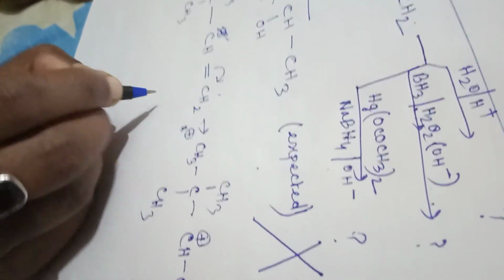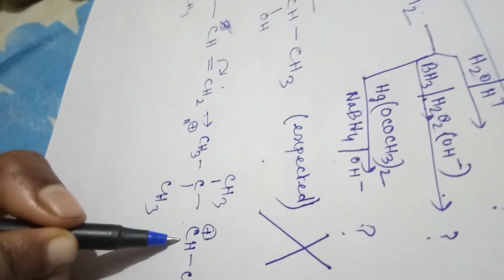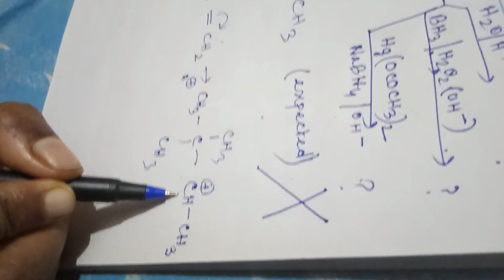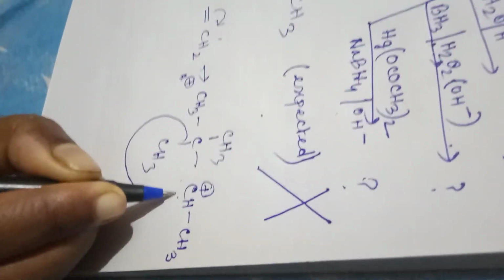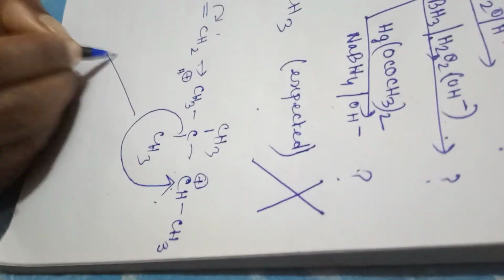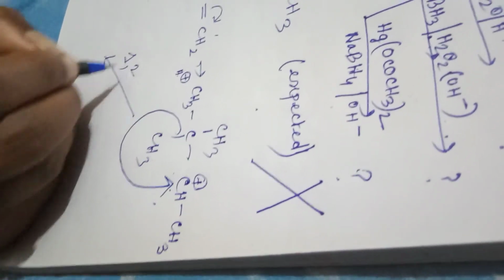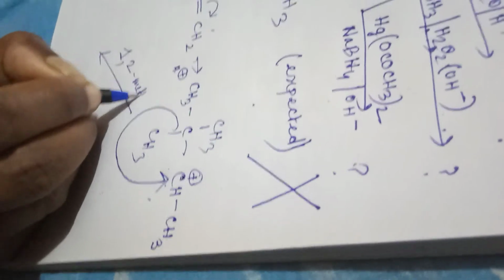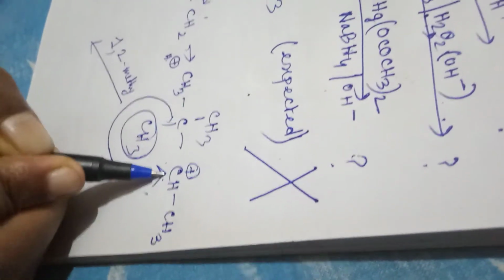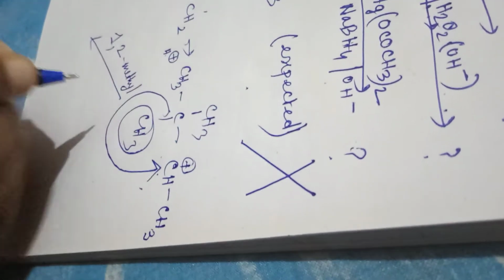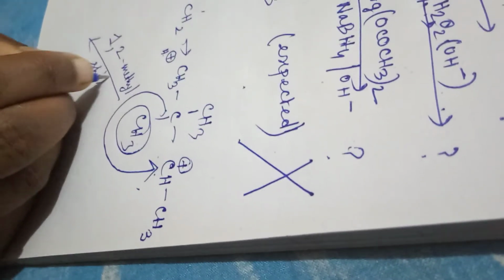But this one will not be the ultimate carbocation. What will happen, you know? In this case, one thing will take place. This is called a 1,2 methyl shift. This is the methyl group. From 1 to 2, it is shifting. That's why it is called a 1,2 methyl shift.